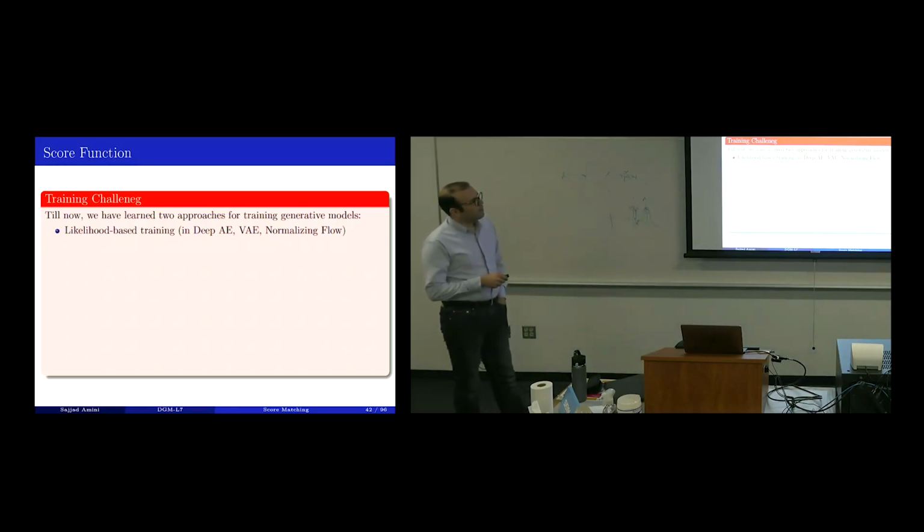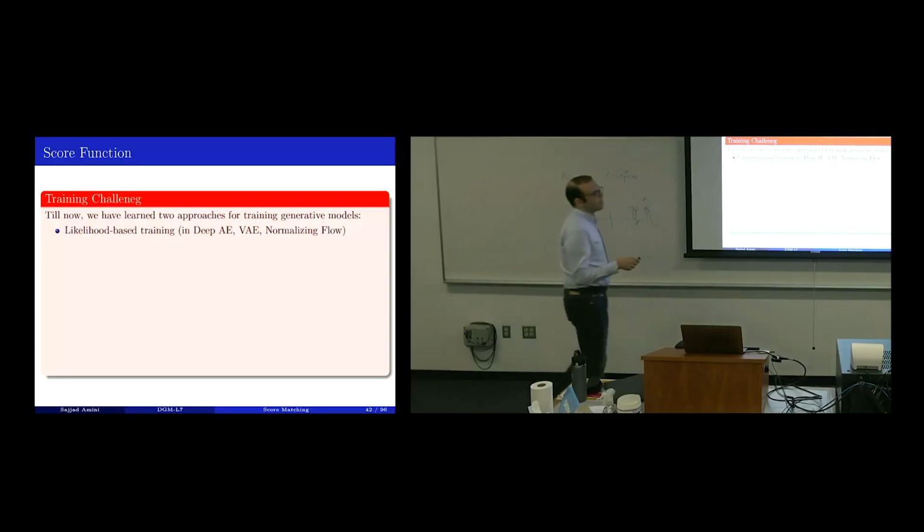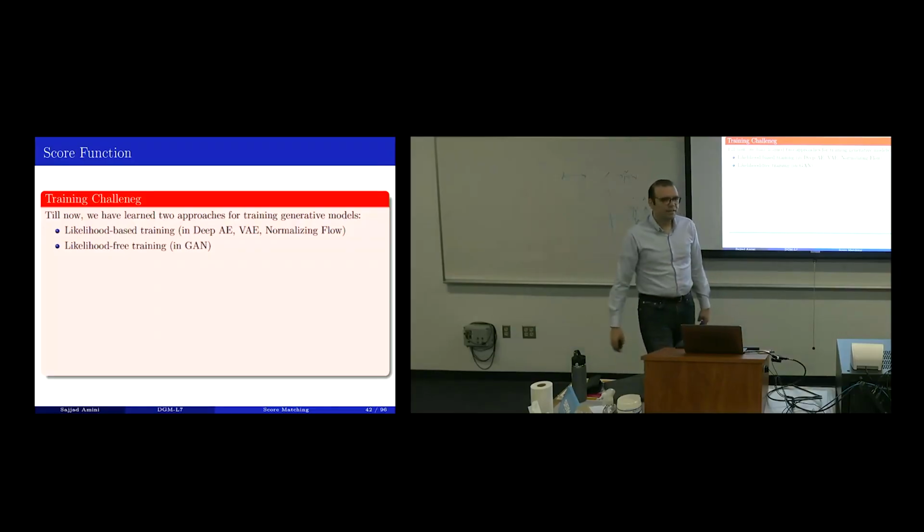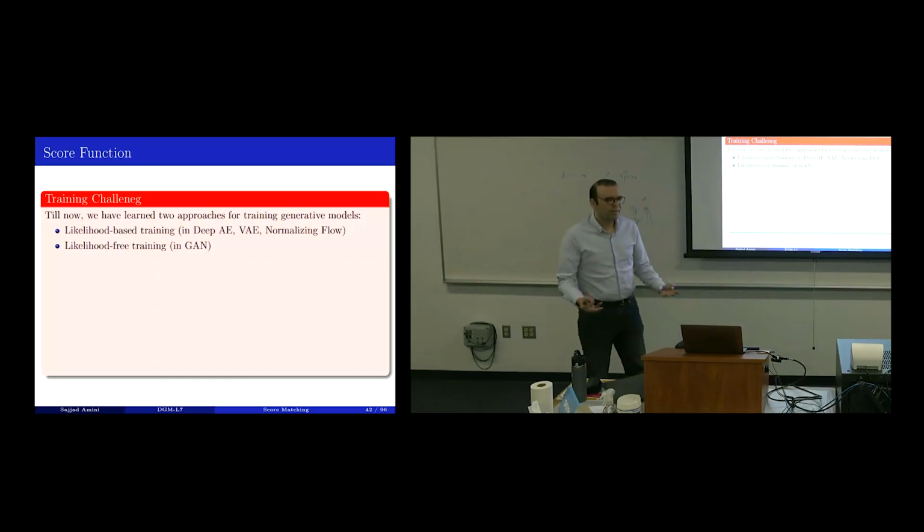Till now, we have seen different models. Some of them are trained using likelihood-based training, such as deep autoregressive models, variational autoencoders, and normalizing flows, and some of them are trained without likelihood, such as GANs. In a GAN, you do not calculate p theta of x anywhere. You just have some samples, and you have a critic, and the critic decides whether you are generating good samples or not.